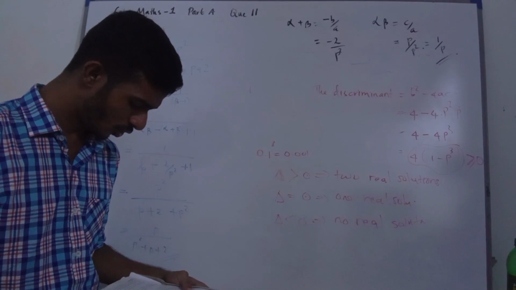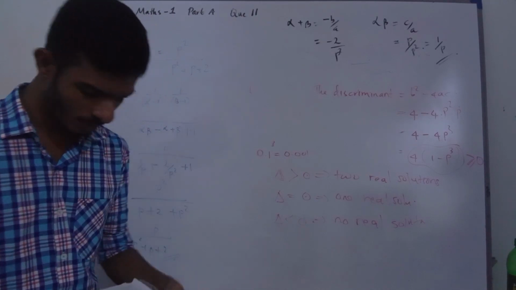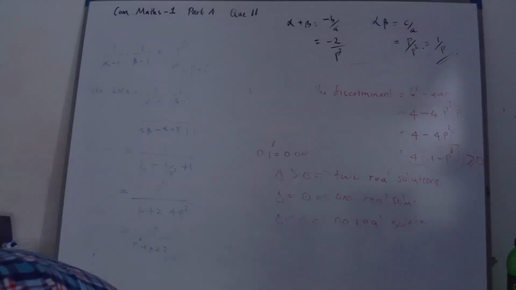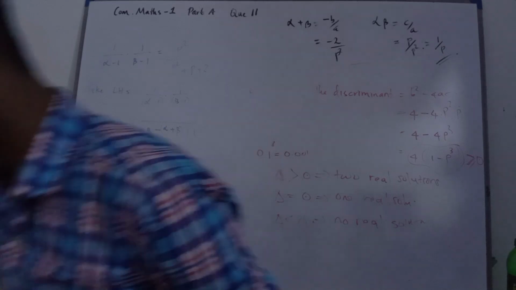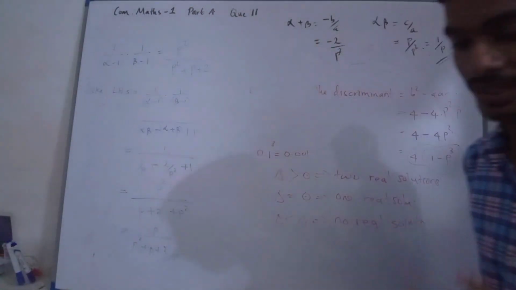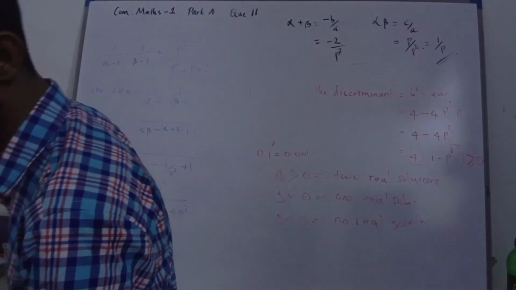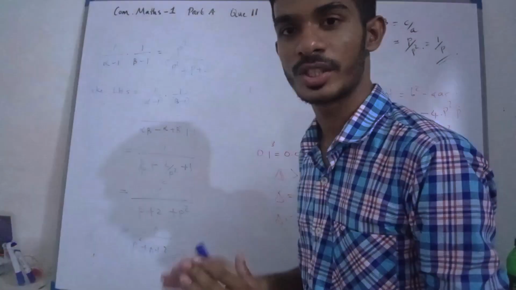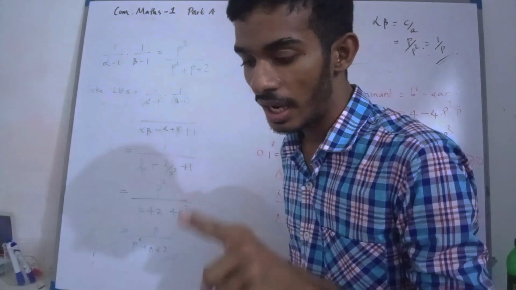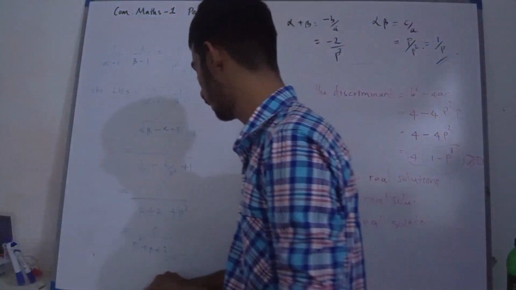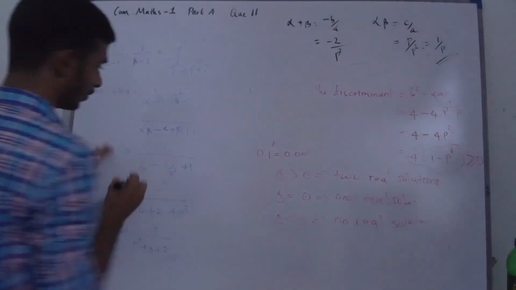Now show also that the quadratic equation whose roots are alpha over alpha minus 1 and beta over beta minus 1. Now we have to form a quadratic equation whose roots are given as alpha over alpha minus 1, beta over beta minus 1.